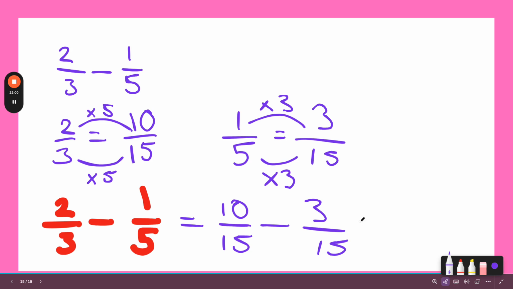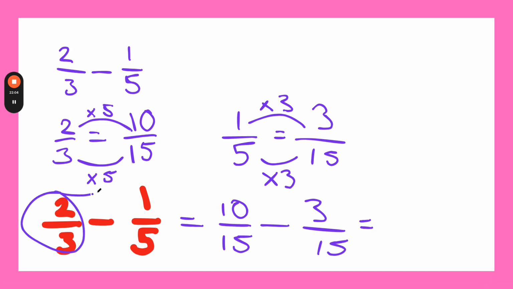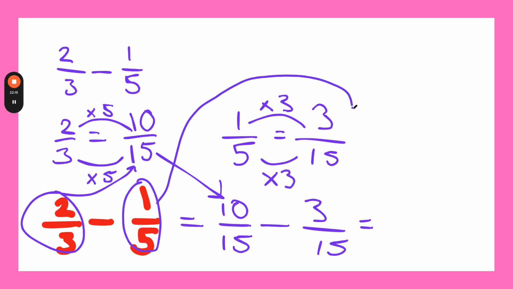Why? Because 2 over 3 is the same as 10 over 15, which is what we've written here, and 1 over 5 is the same as 3 over 15, which is what we've written down here.